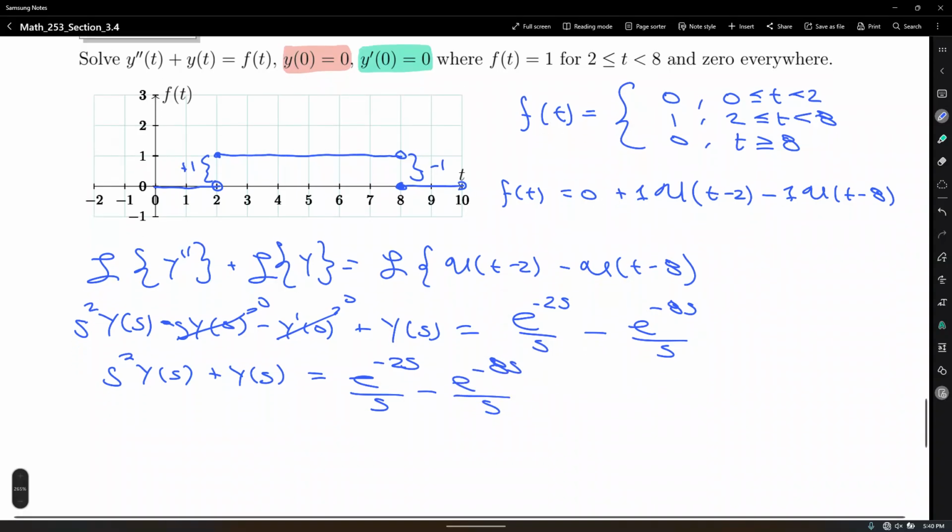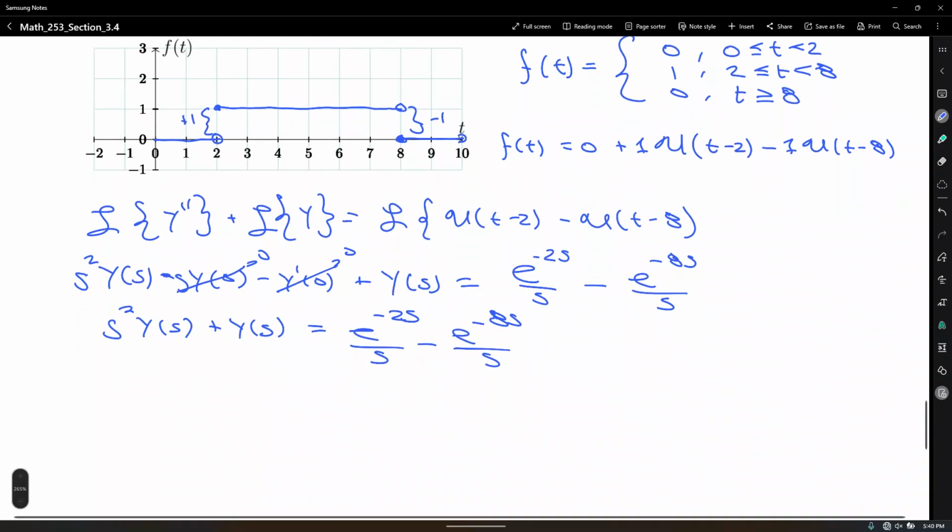The rest of the problem is an algebra problem. So factor y of s, that times s squared plus 1 equals e to the negative 2s over s minus e to the negative 8s over s.